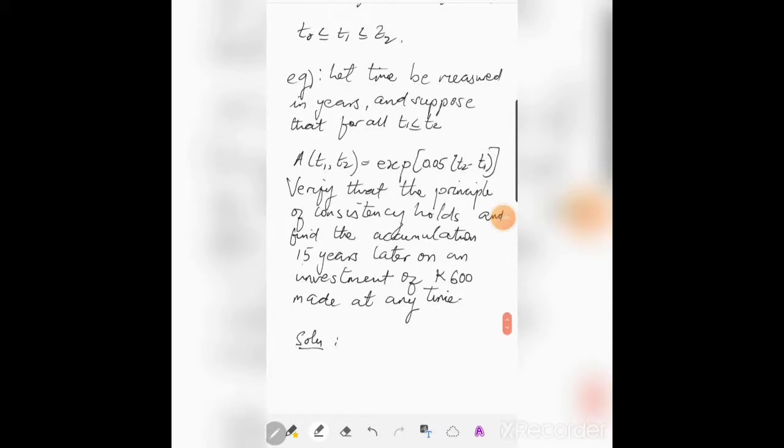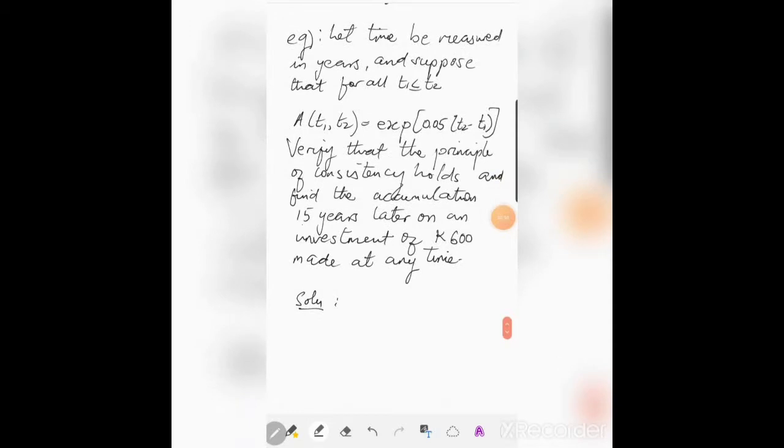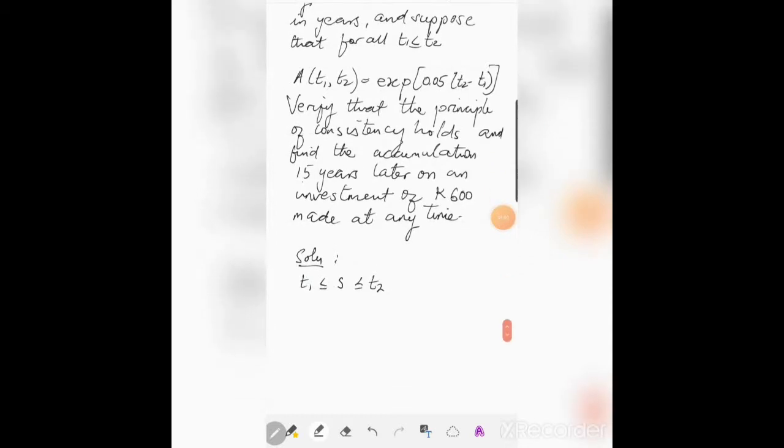So here we consider, under the principle of consistency, t1 less or equal to, let's say, s less or equal to t2. Then we have our accumulation A(t1, t2), which is nothing but A(t1, s) multiplied by A(s, t2).